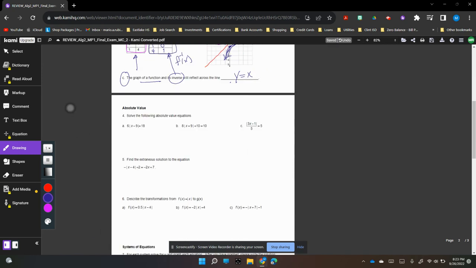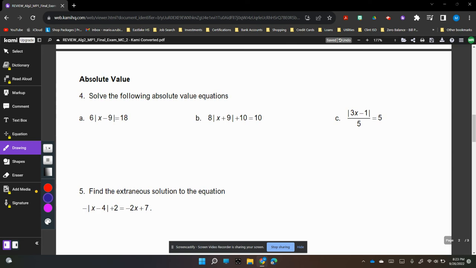Absolute values. We spend a lot of time going over these in class. Let me write down the rules. Remember, the first step is isolate the absolute value. The absolute value is everything that's inside the bar, whatever number that can be.